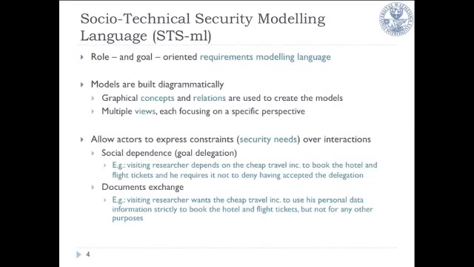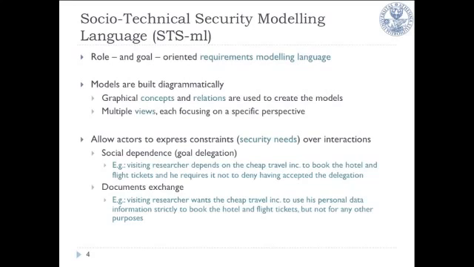It's a role and goal-oriented requirements modeling language. It's an extension of Tropos. Perhaps you've already learned that. It's a graphical language, so models are built diagrammatically, and it has graphical concepts and relations that are used to create the models. The particularity of this language is that it offers multiple views, in the sense that you don't have to build the whole scenario as one single big model.